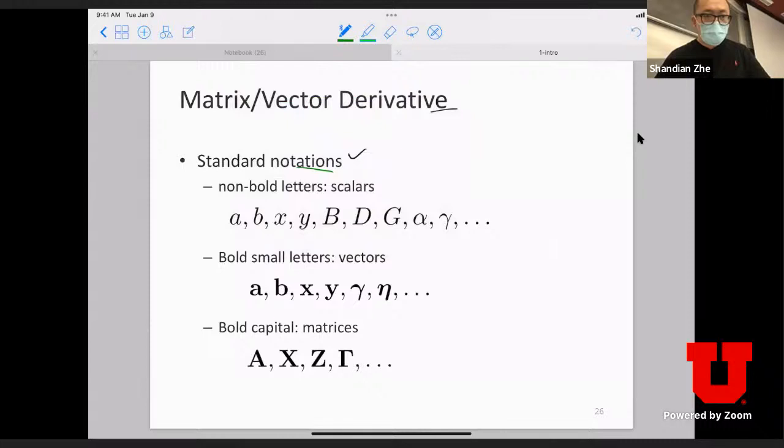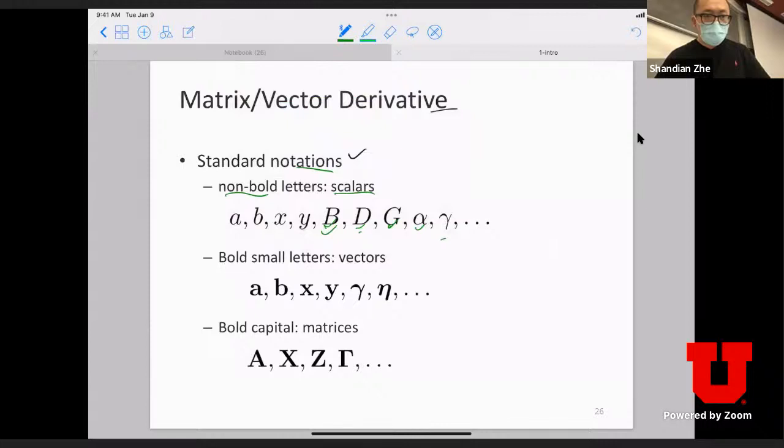Usually, non-bold letters indicate scalars, like a, b, x, y, even non-bold capital letters like B, D, G, and Greek letters; they usually represent scalars or numbers.